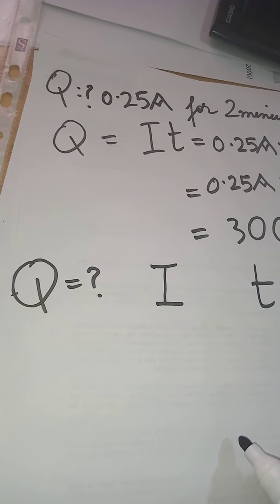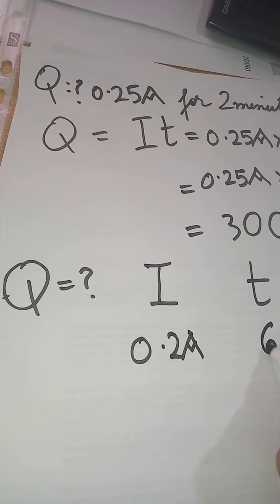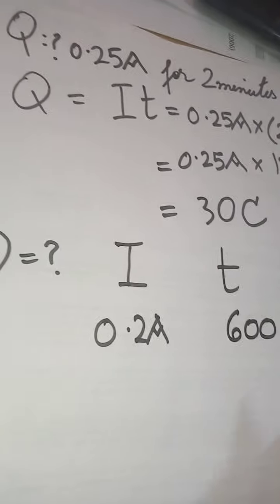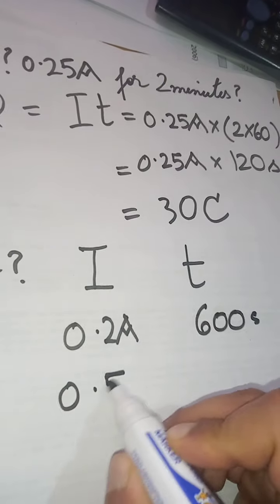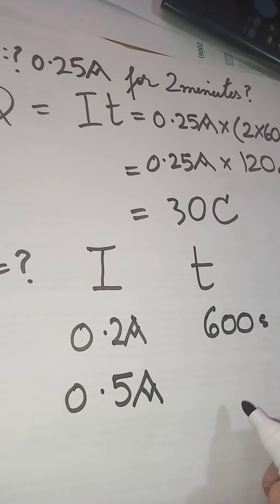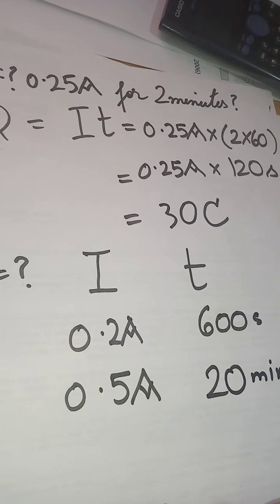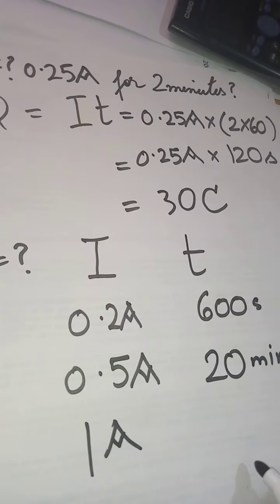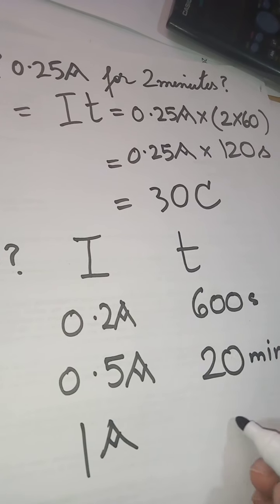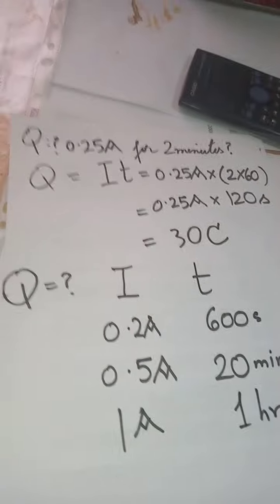When 0.2 amps of current is passed for 600 seconds, 0.5 amps is passed for 20 minutes, and 1 amp is passed for 1 hour. So what would happen?